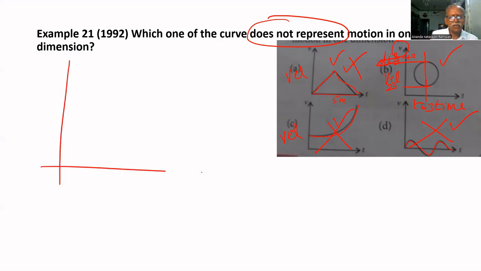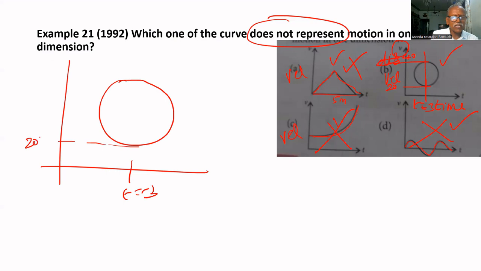At t equal to 3, the car's speed is 20 km per hour and 40 km per hour. If you draw a line at t equal to 3, it gives two values. It's not at all possible. Either the car runs at 20 km per hour or 40 km per hour. How can it run at two speeds simultaneously?